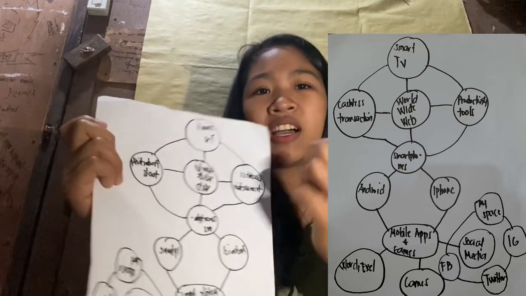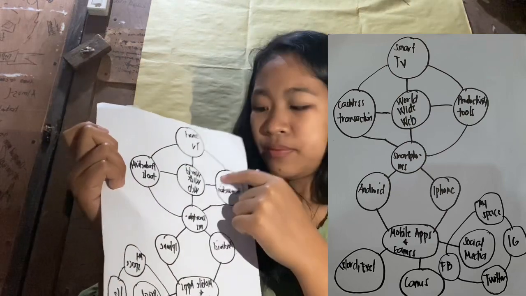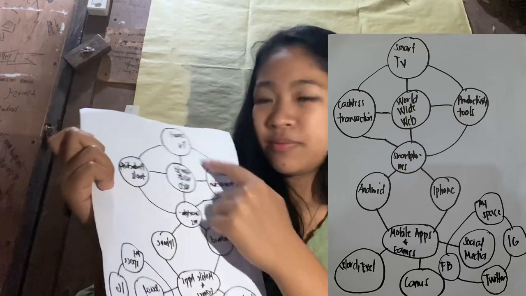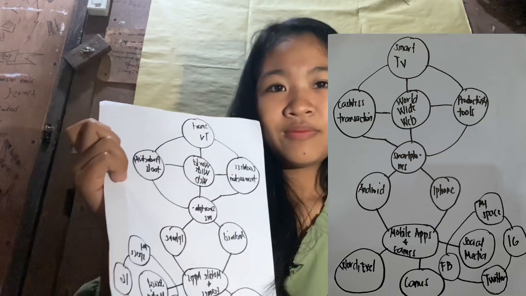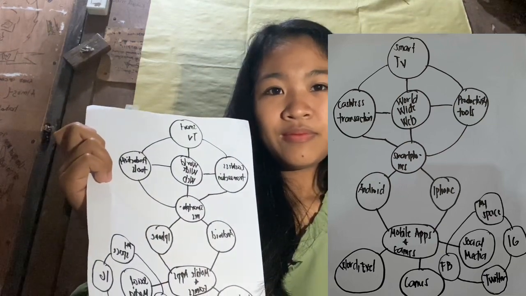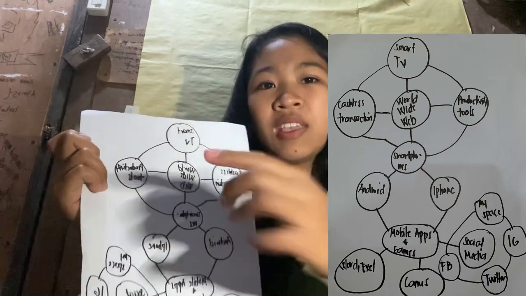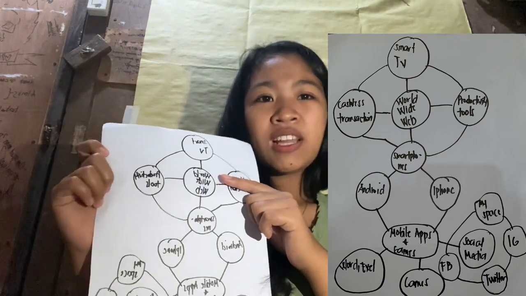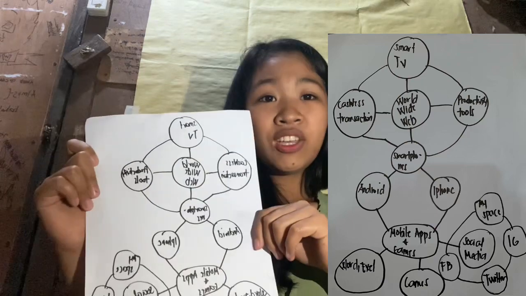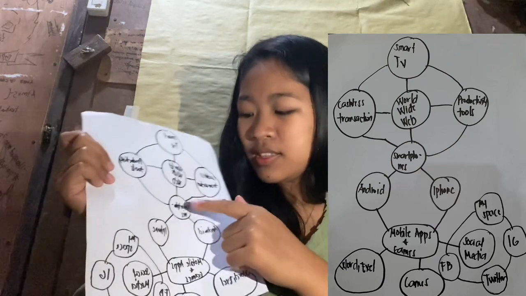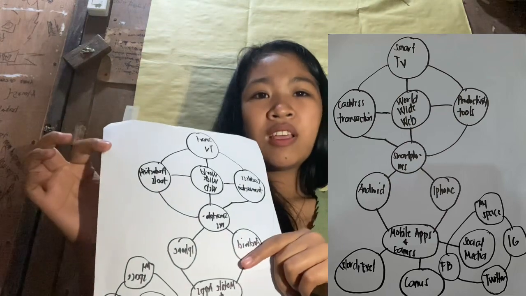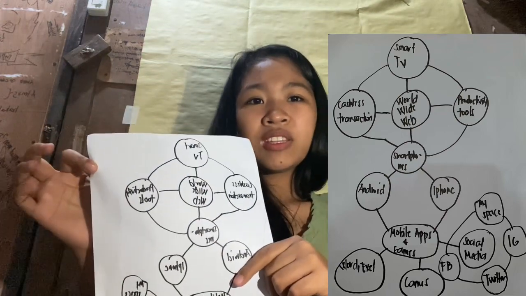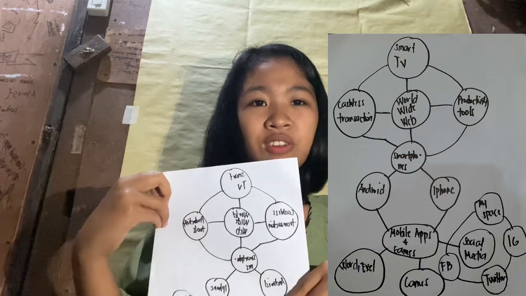Dahil sa kanya nagkakaroon ng panibagong trend. Siya talaga ang pinagmulan ng lahat ng ito kaya naging gigatrend. Next is the smartphone. It was a microtrend but then became a gigatrend and currently is considered a gigatrend.